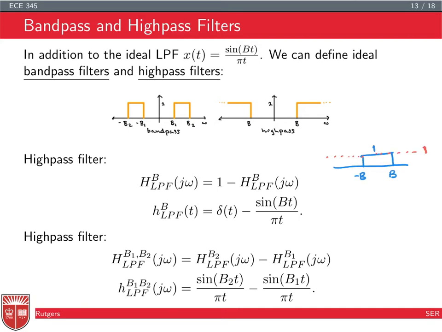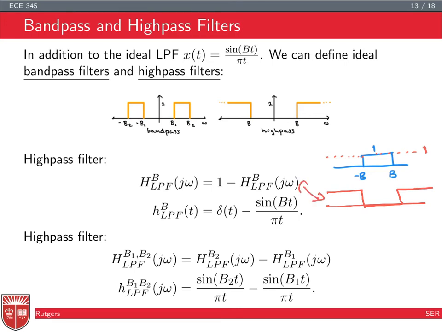So if I do 1 minus the H of a low pass filter, I'm going to get basically what I want. I'm going to get this thing here, which is the high pass filter.